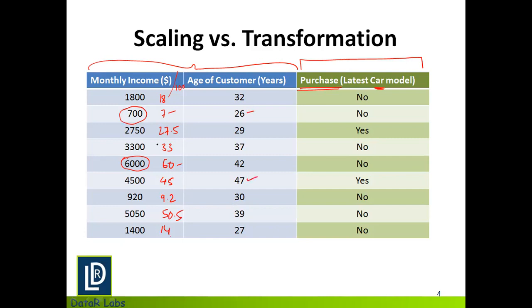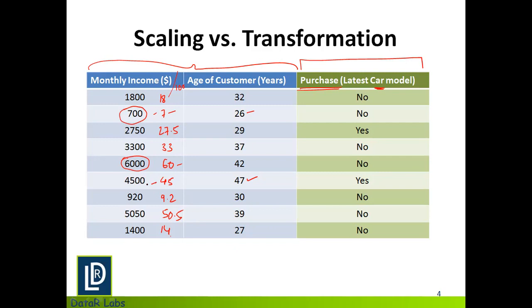Now, if you see the entire transformation, what we have done to one variable is try to bring it down to the scale of another feature, which is age. While we have more or less done that, and the features are more comparable now, there is still a difference between the ranges.